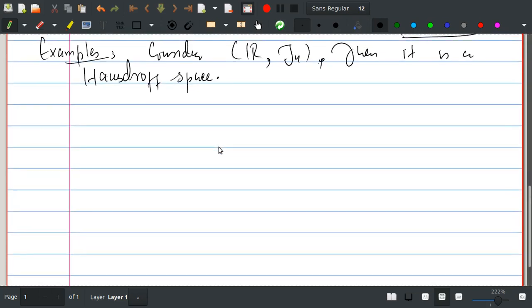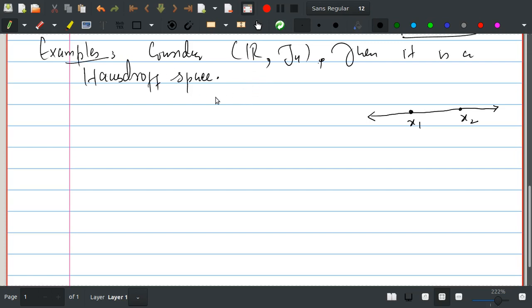So that means we have to prove any two distinct real numbers can be separated by two disjoint open sets, I mean two disjoint open intervals. So let us consider this to be our set R, and suppose we are given 2 points, say x1 and x2. If we can separate these two points with two disjoint open intervals, then that means R is a Hausdorff space.